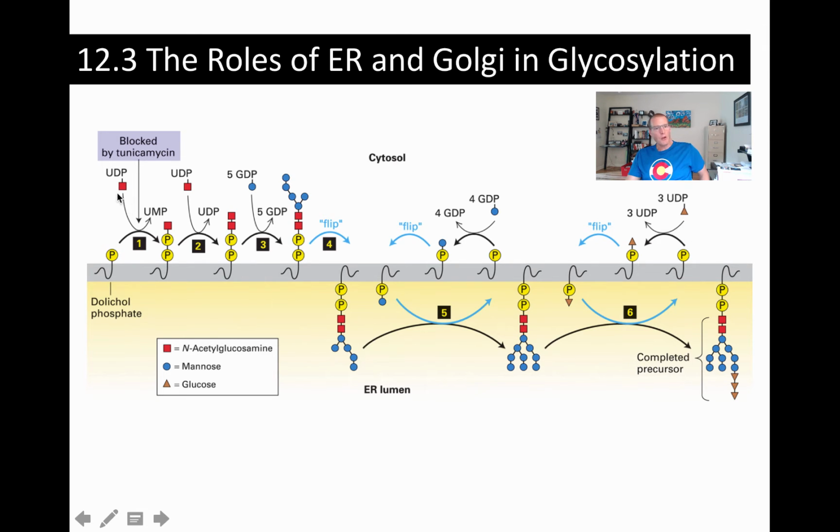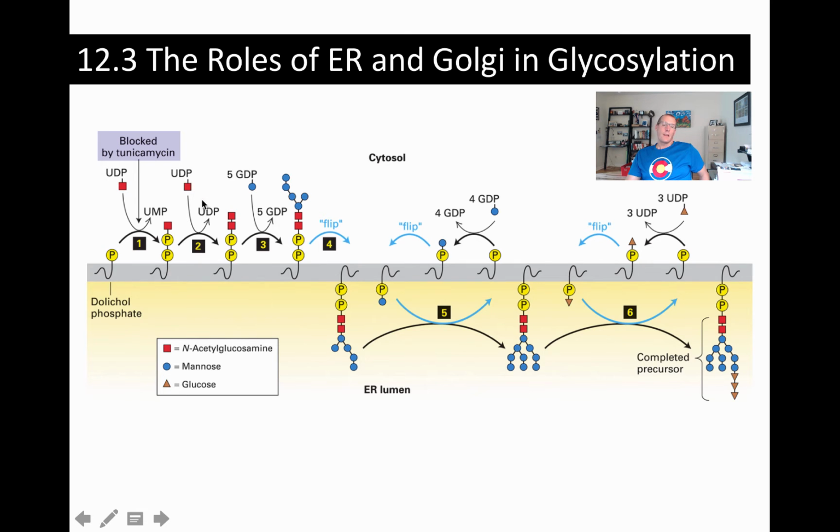And the first thing we're going to do is use an activated N-acetylglucosamine, and add that along with the phosphate to the dolichol phosphate. So we start out with the UDP, uridine diphosphate, and there is our N-acetylglucosamine, that red square. We're going to take the red square and one of the phosphates from UDP to make UMP, monophosphate. And so we now have dolichol phosphate plus another phosphate plus the N-acetylglucosamine.